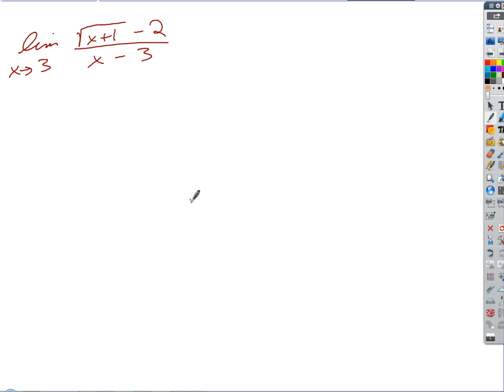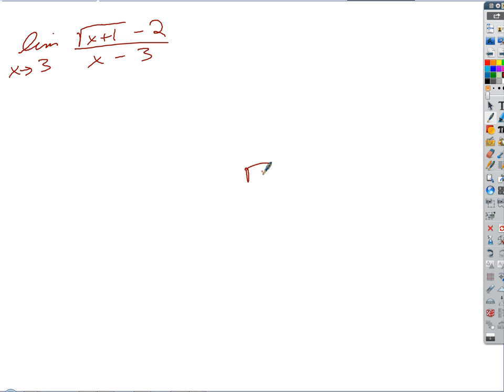Any ideas? So my goal, as you're thinking about this, would be to somehow change the factor on the top that involves the square root so that it doesn't go to zero. Right? If I multiply both top and bottom by the expression on the top, that's not going to work well, is it? Let's just look at a simplified version.